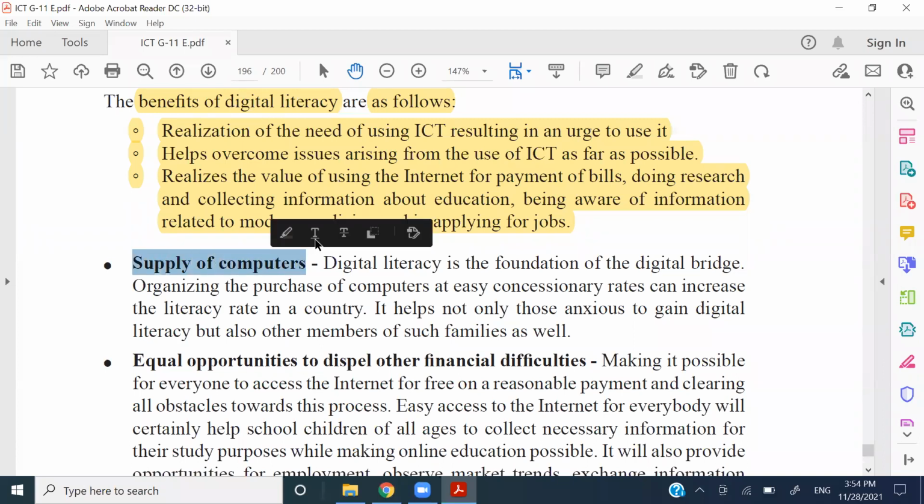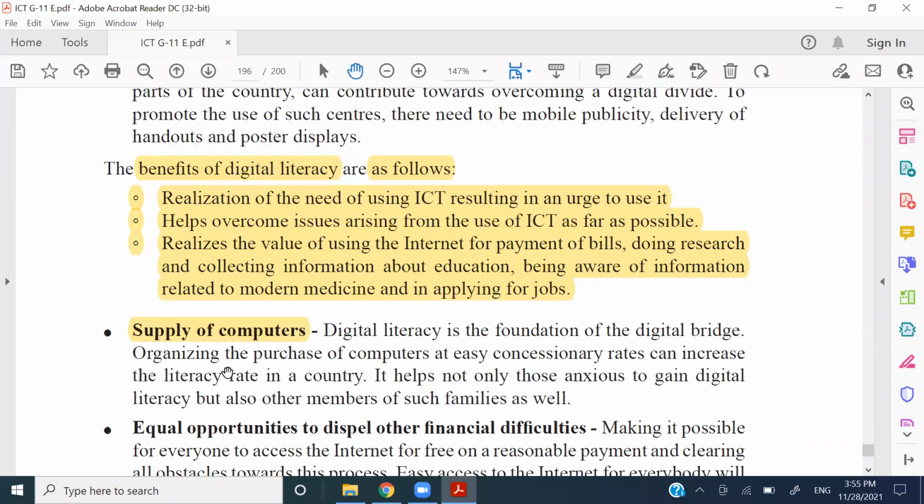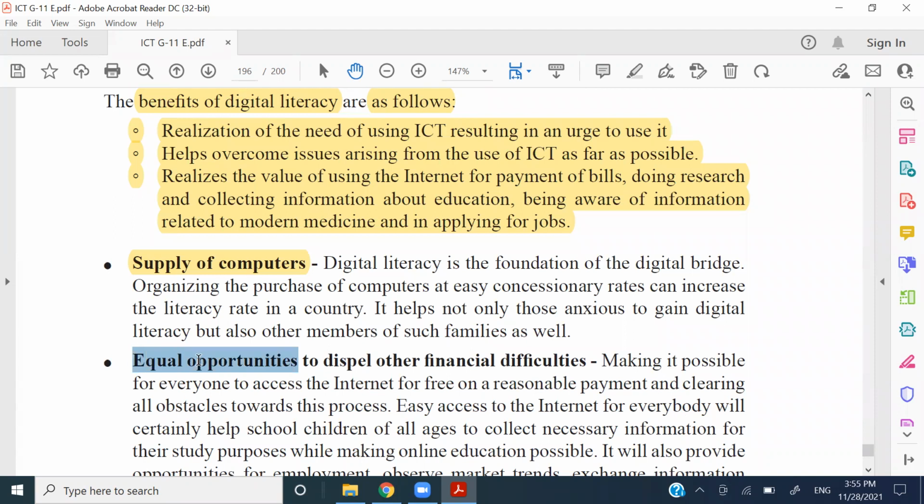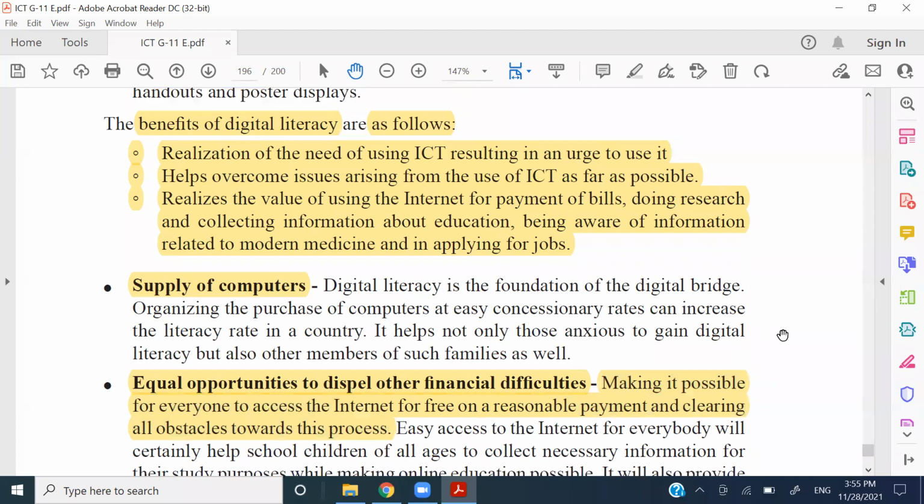Yeah, then only these topics can be listed as the other ways of having the digital bridge. And here it's better you copy this line as well. Right, let me know when you're done.